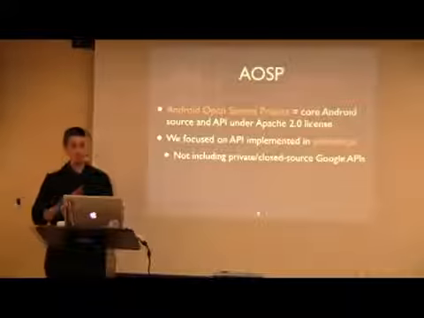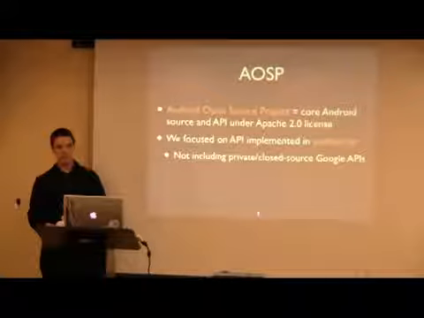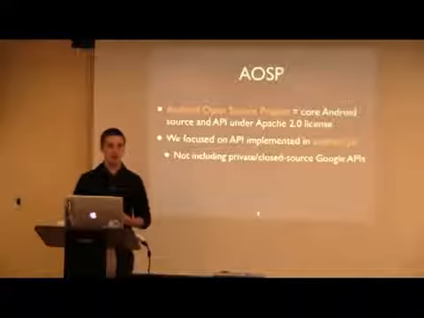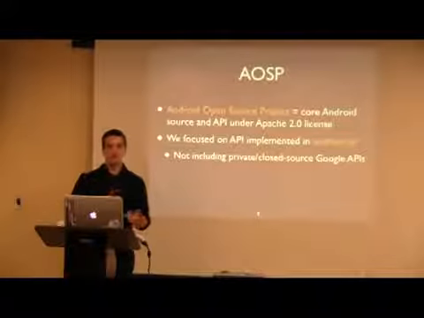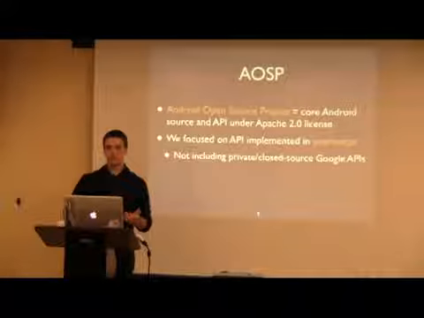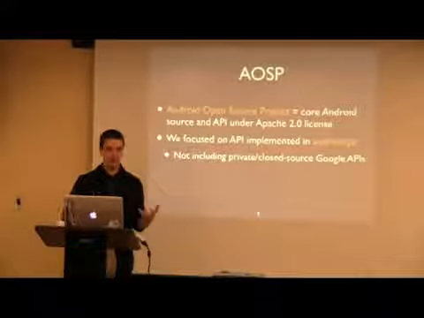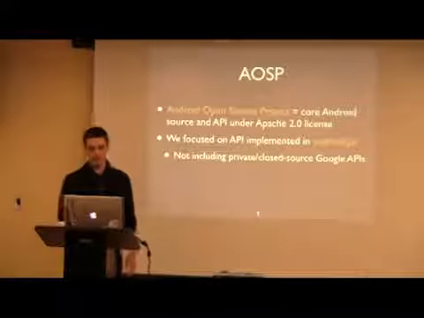Our research didn't include private APIs, so things that weren't open sourced by Google, or third-party APIs, so any of the HTC things, the Samsung, any OEM provider or any vendor API that wasn't included in AOSP.